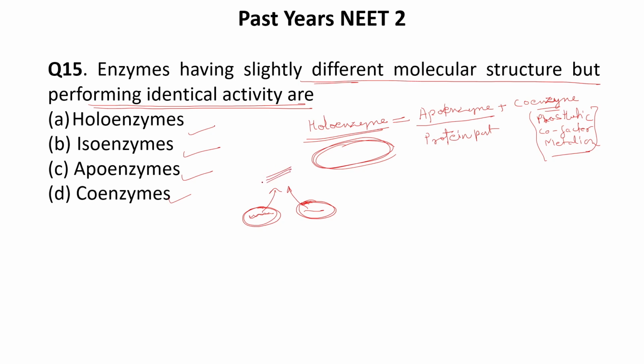Holoenzyme, apoenzyme and coenzyme have nothing to do with identical activity. So isoenzyme is the correct answer.